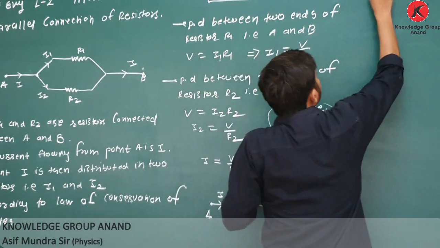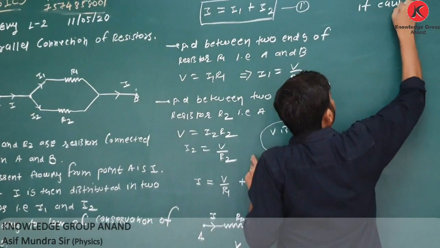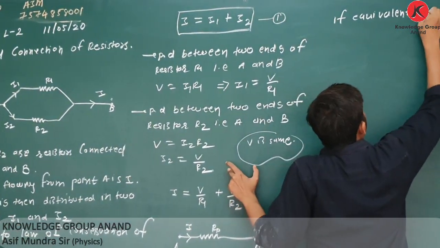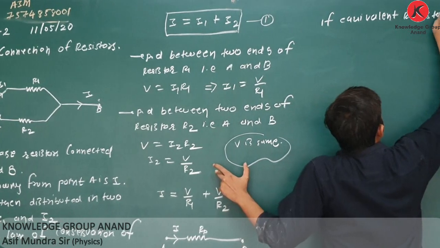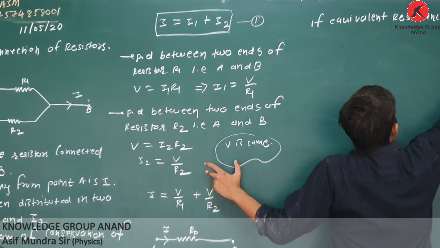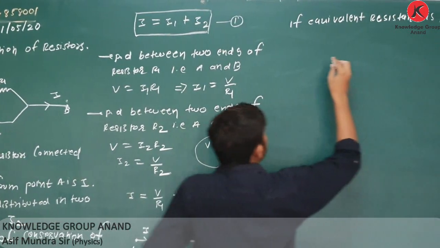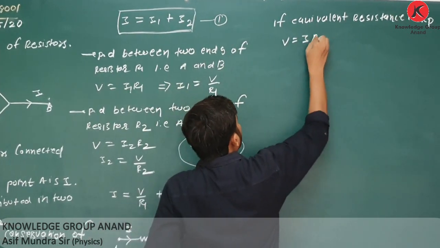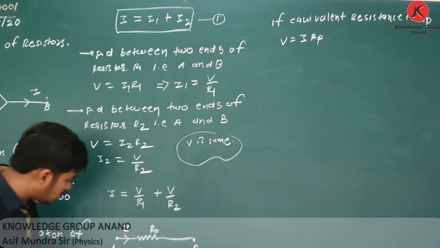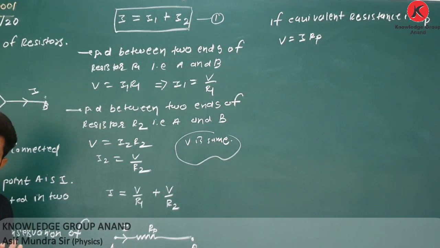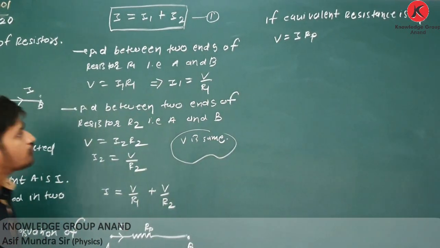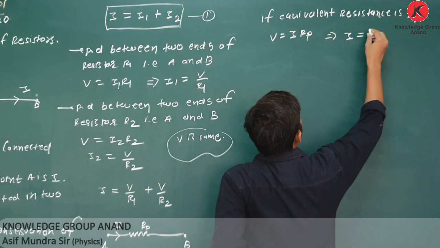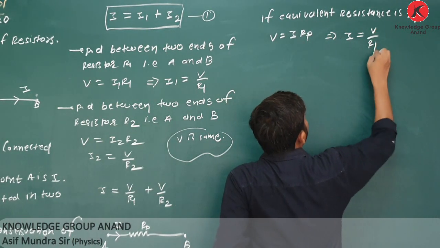If the equivalent resistance is RP, then I can write V is equal to I RP. Clear about this? Then what is the value of I? I is equal to V upon RP.